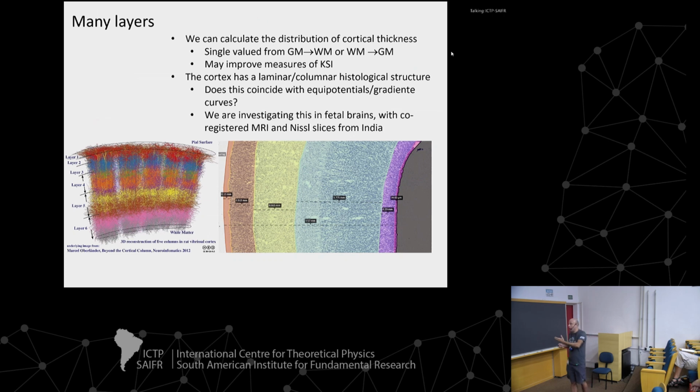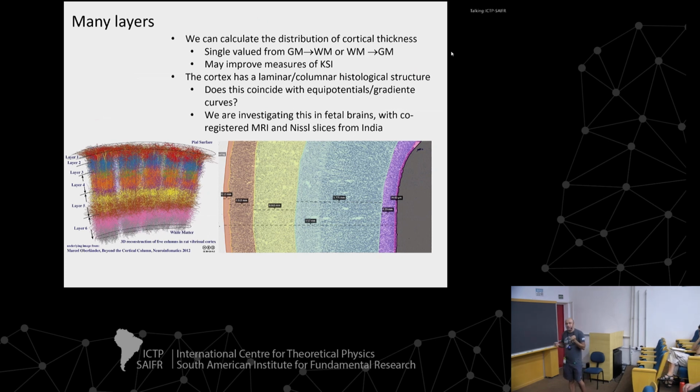And if you look at a brain in a microscope, you see that it is formed by layers that are very easy to discern, 6 layers for our cortex. So what we have here is a structure that has a radial component and a tangential surface component. One thing that the Laplacian method can do, and that's something we really want to do with the babies from India, is to see whether the gradients correspond to the direction of the cortical columns, and whether the isotherms correspond to the layers of the cortex.